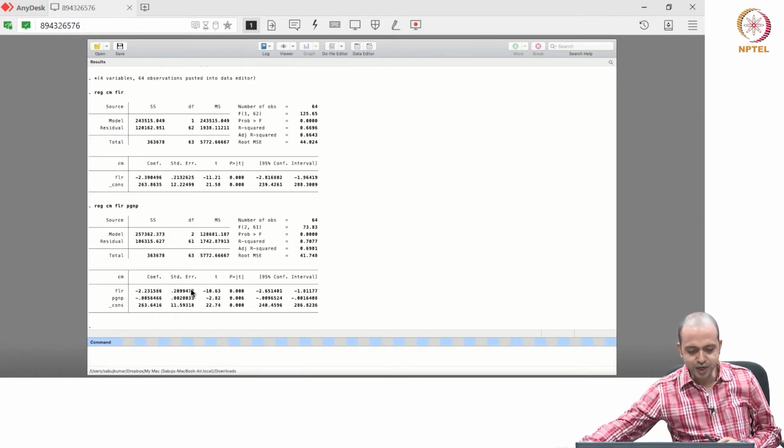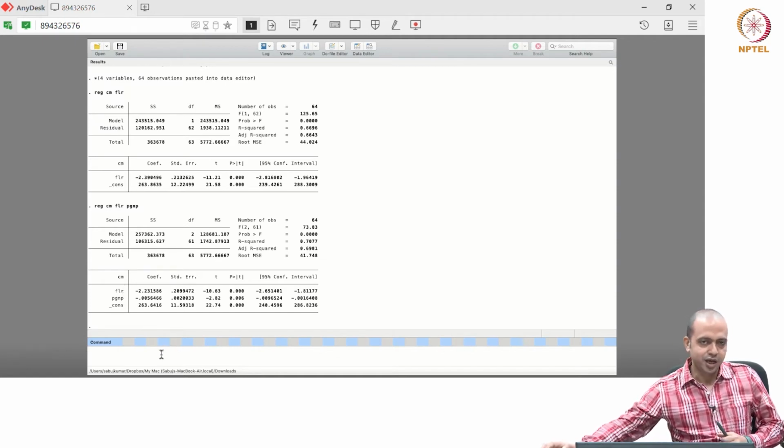If you square it, that will give you the variance of beta 1 hat, that means variance of FLR, and variance of beta 2 hat, which is nothing but the square of this. And then you have to take 2 into the covariance of this and this. Now, only the covariance part is not given here, that you have to additionally get.